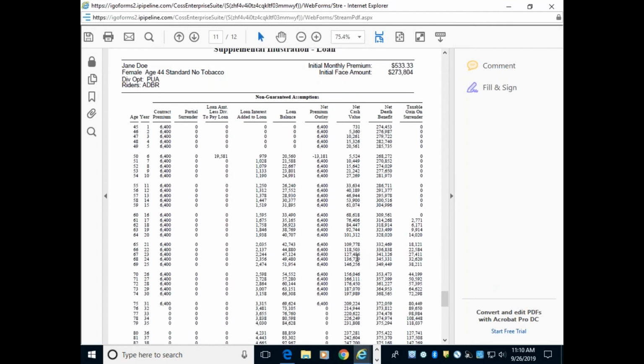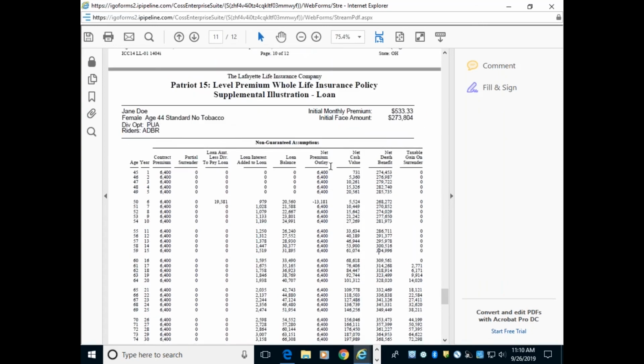Also, something that could change the loan amount available is if your client goes off of the scheduled premium paying period. So if they're not paying the same amount into their LPUA rider, that could change their loan amount available. Or if they go on a premium offset or have the premiums taken out of the policy cash value, that could also change their loan amount. So just keep those general things in mind.